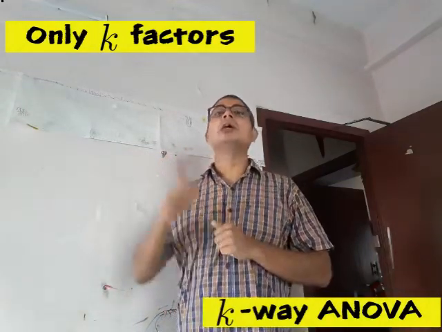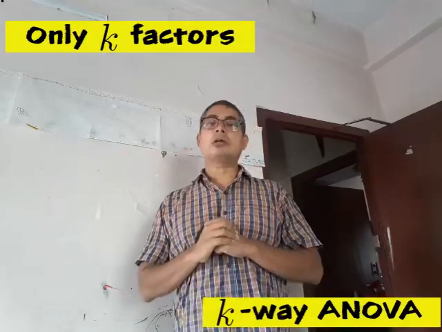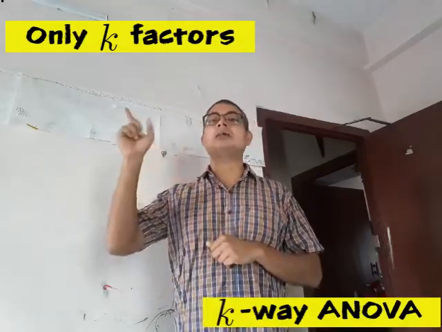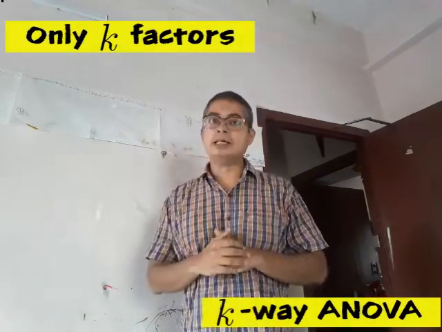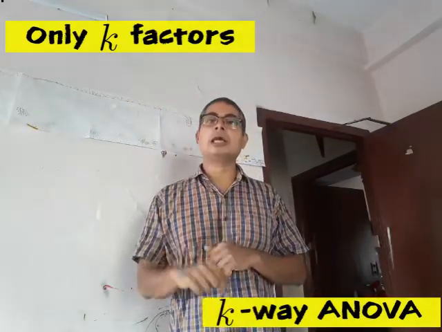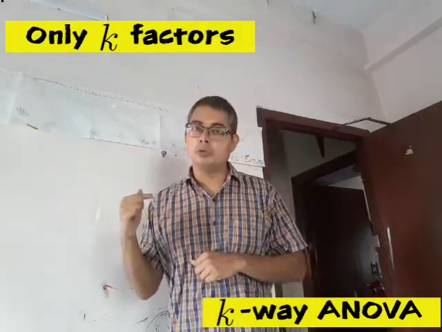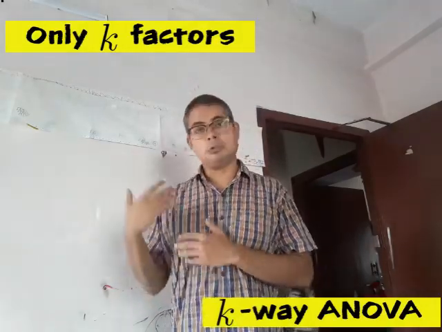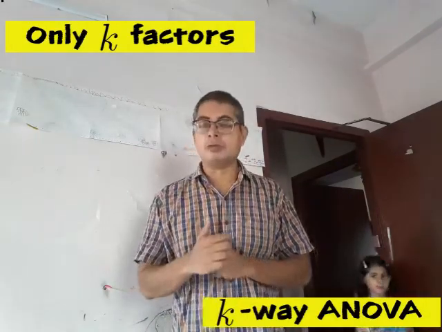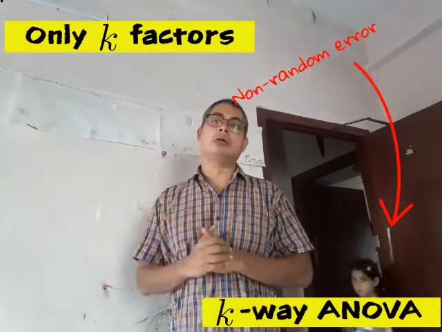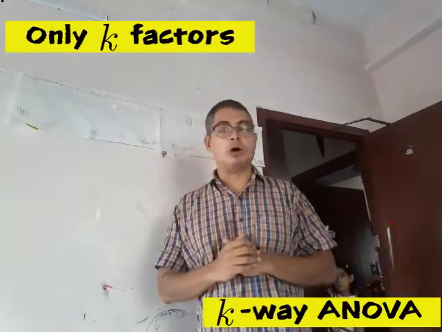If I have k factors and no covariate, then I will call it a k-way ANOVA. If there is only one input and that is a categorical input, a factor, that is one-way ANOVA. If there are two factors, then that will be called two-way ANOVA, and so on.